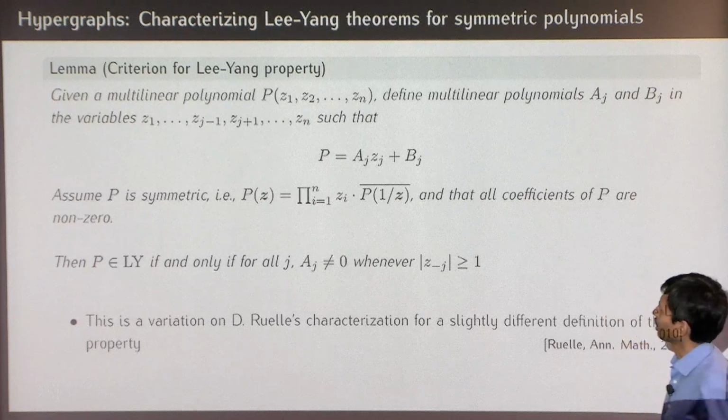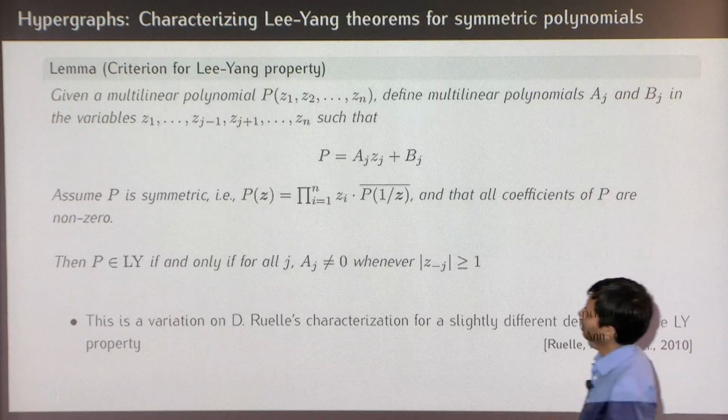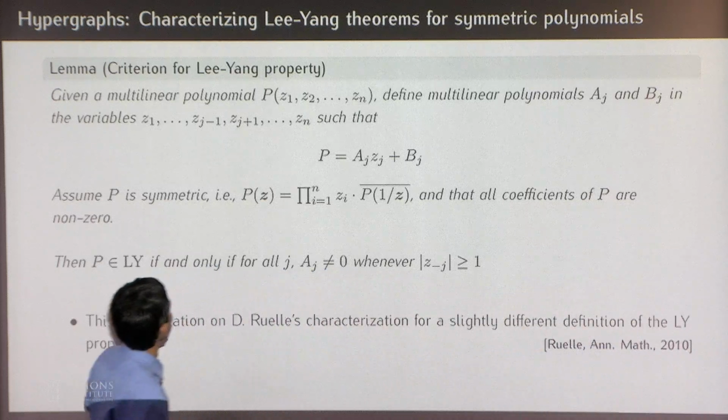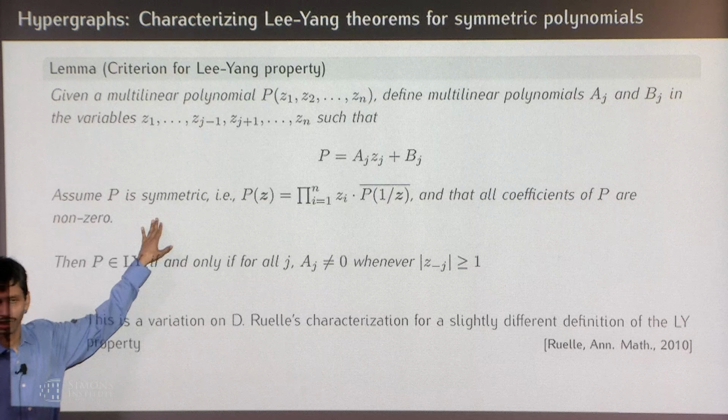And this says the following: if you have a multilinear polynomial in z1 to zn with all its coefficients non-zero, so for every subset you have a non-zero coefficient, which is the case in the Ising partition function, for example, and it is symmetric, which is also the case in the Ising partition function.